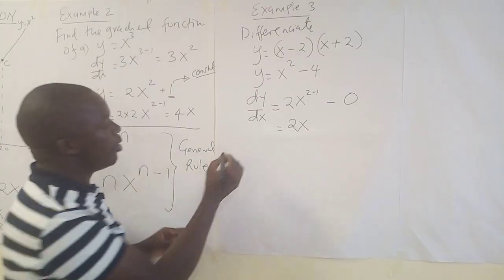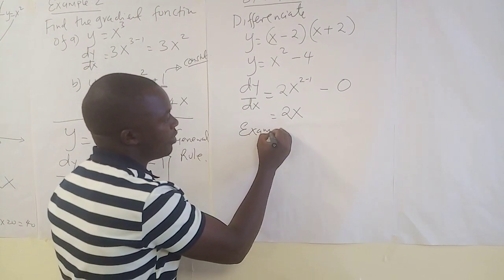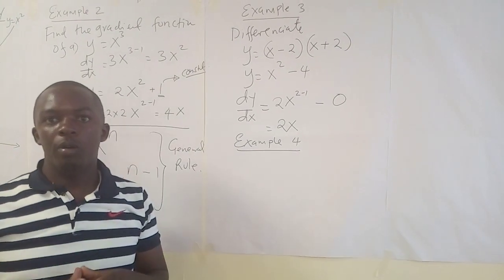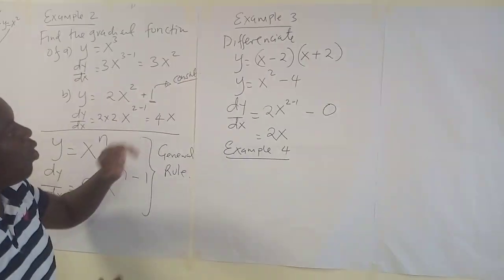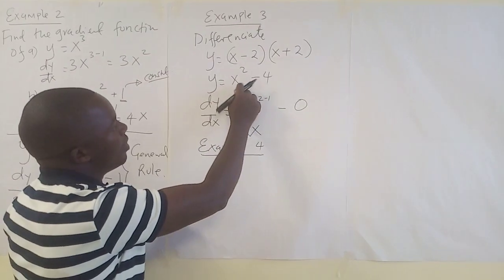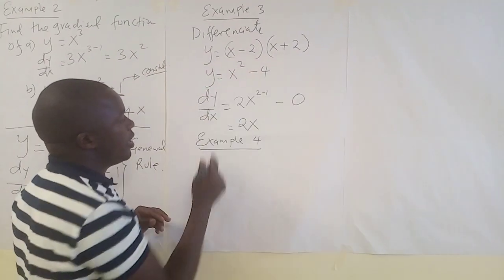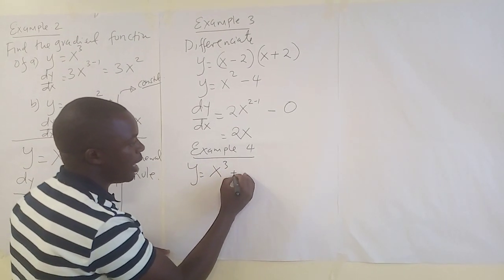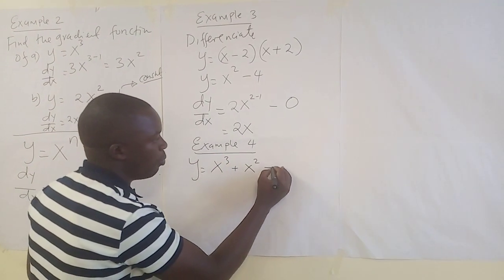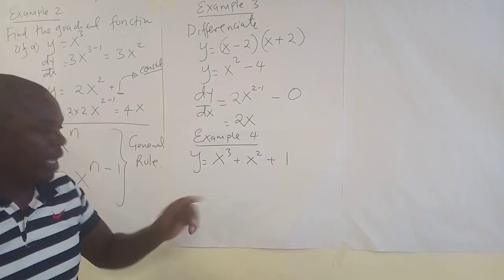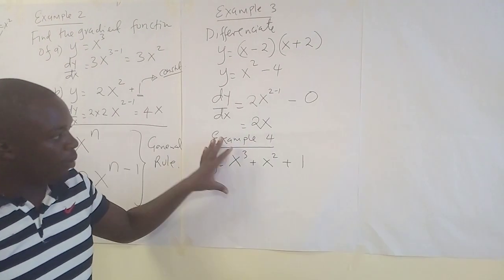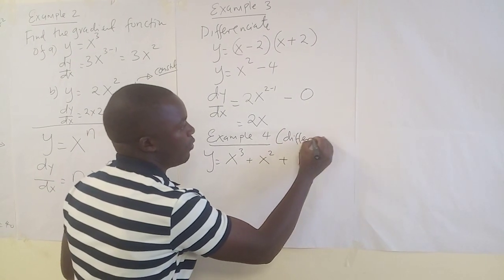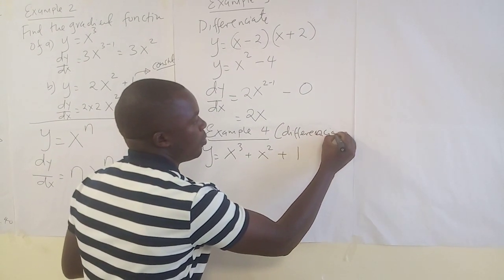Let's think about example 4. In this case, we are going to look at a polynomial. A polynomial has more than one term in the expression. For example, I have y equals x cubed plus x to the power 2 plus 1. How do I differentiate this polynomial?